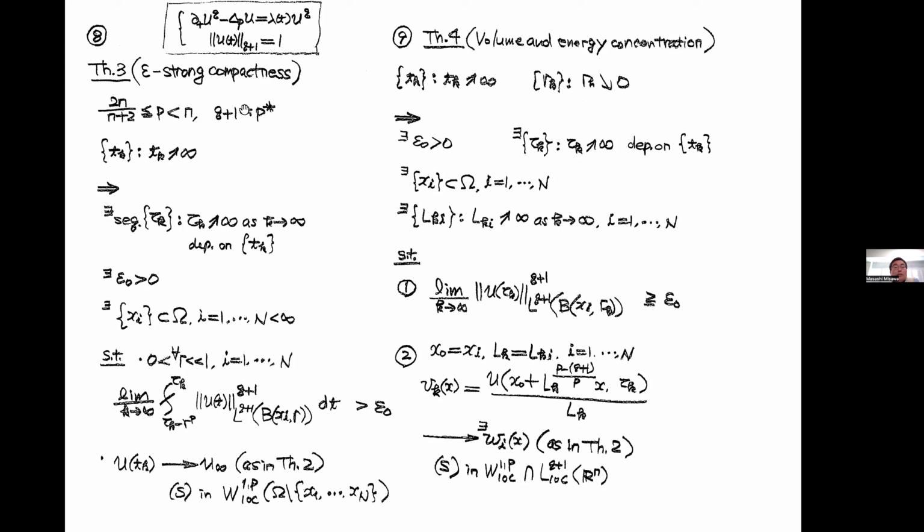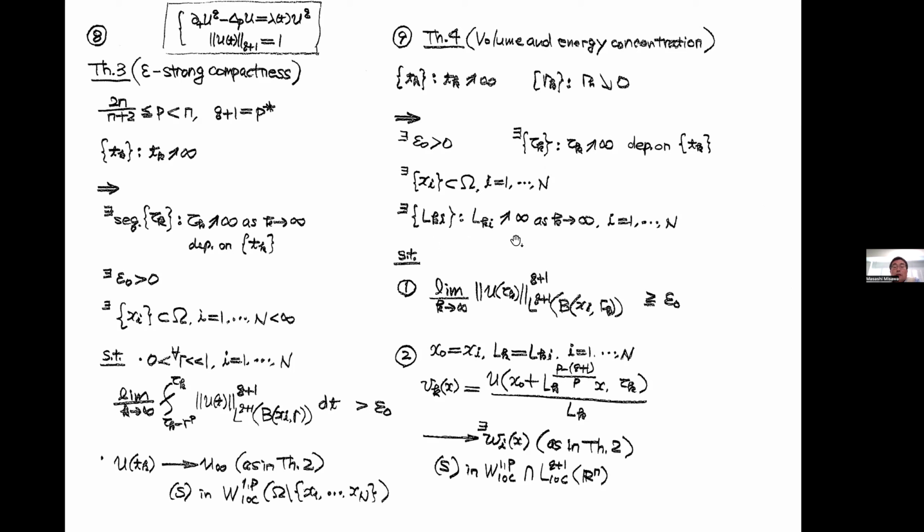This is the same as in theorem 3. And we have another sequence of time denoted by tau k, diverging to infinity, which depends on Tk. We have n finite points in omega denoted by xi. And also, we have a sequence of real numbers denoted by capital LKI for each i from 1 to n.